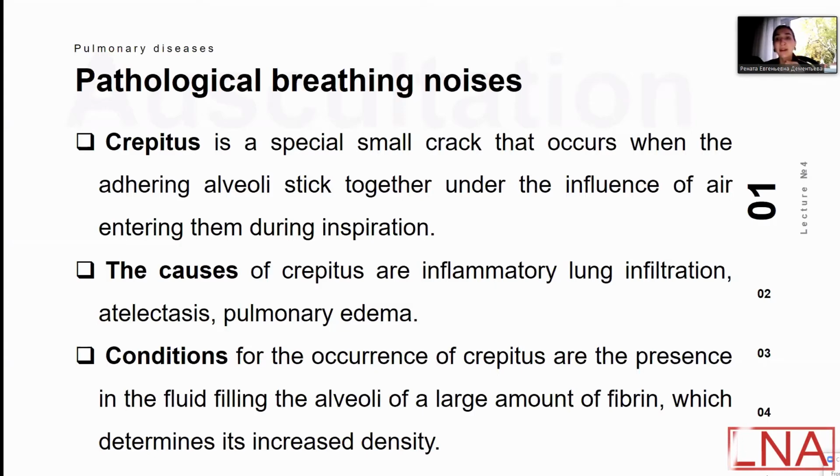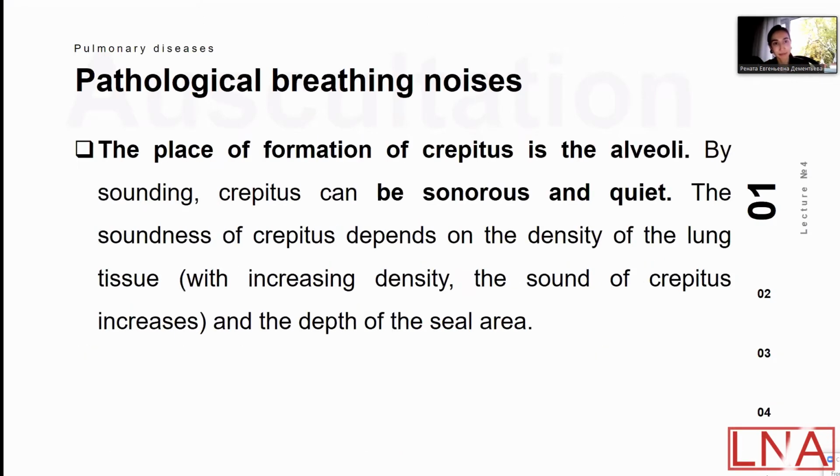So, in case of wet wheezing, there is only fluid, but in case of crepitus, there is fluid containing a large amount of fibrin, increasing the density of the fluid inside the cavity.